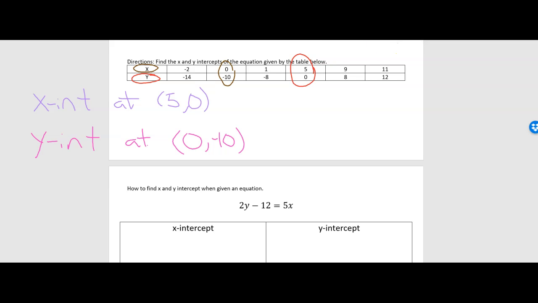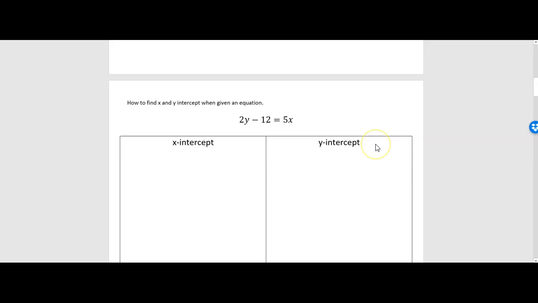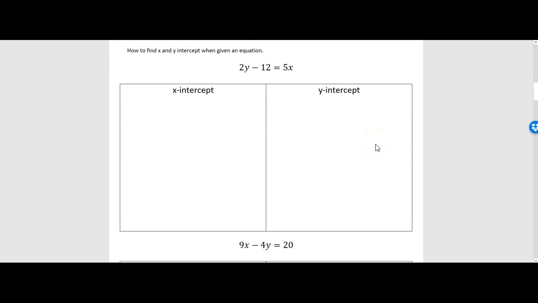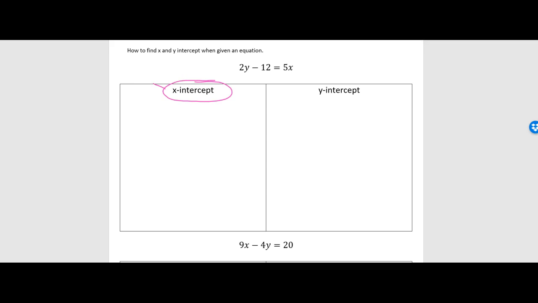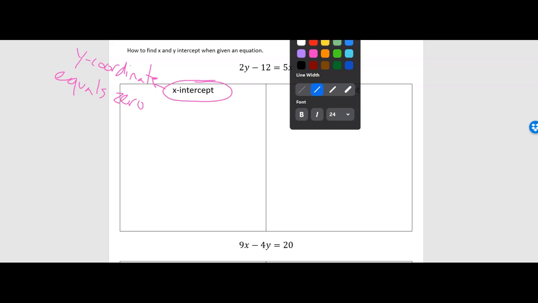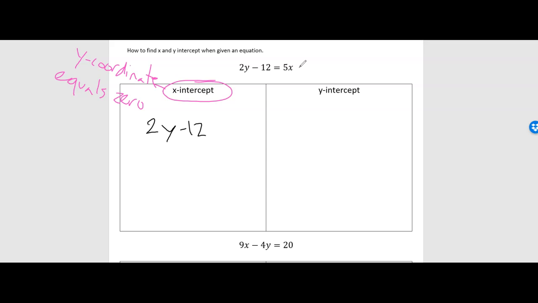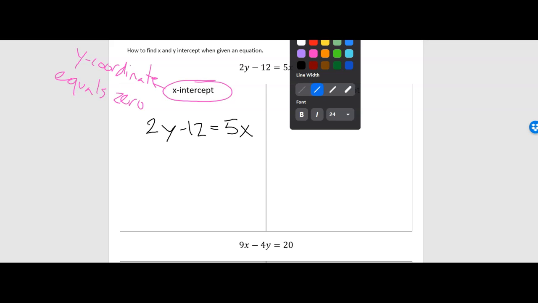Let's move on to our third representation, which would be an actual equation. Here we have to do some work. We can't just look and label. If we think about the x-intercept, we just talked about it before: for our x-intercept, the y-coordinate equals 0. So we take our equation, 2y minus 12 equals 5x, and substitute in 0 for y.